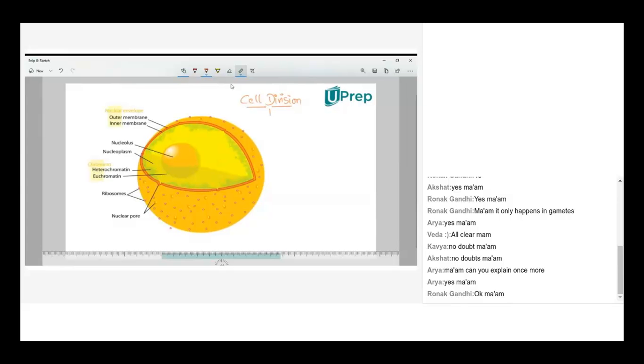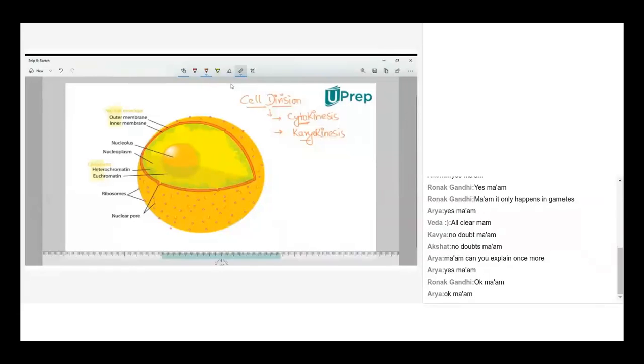Division goes for dividing the cell. How does a cell get divided? By 2 methods. One is cytokinesis, the other one is karyokinesis. Cytokinesis is division of the cytoplasm. Karyokinesis is division of the nucleus.